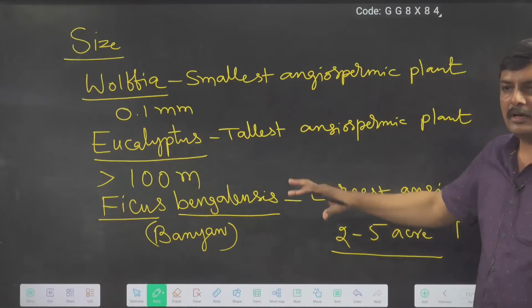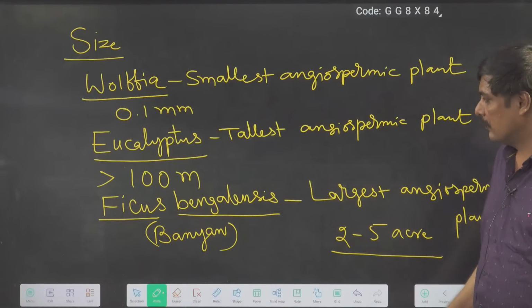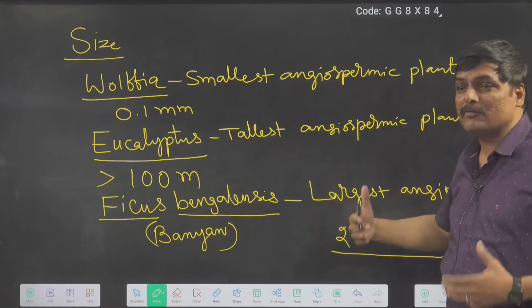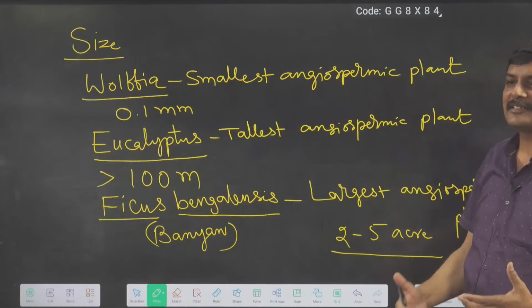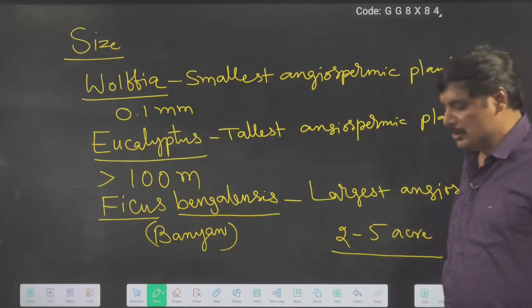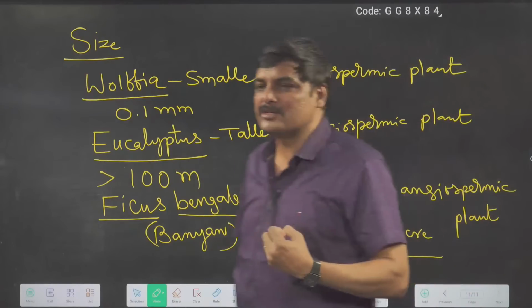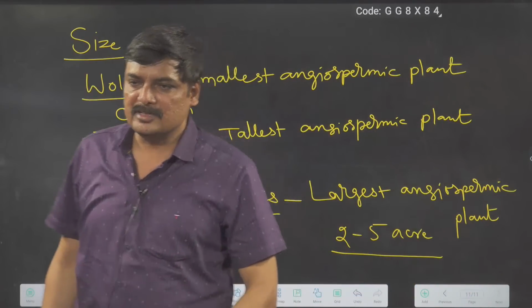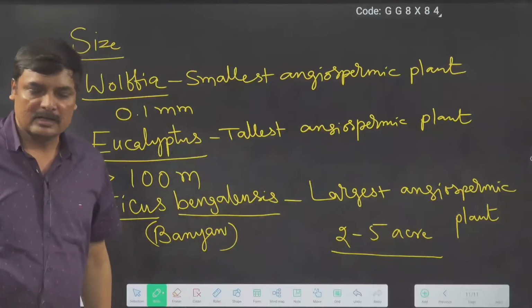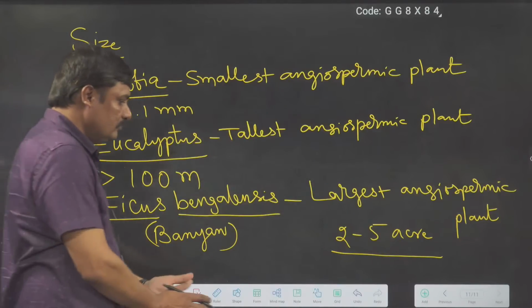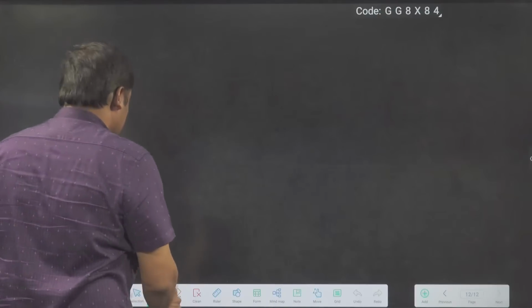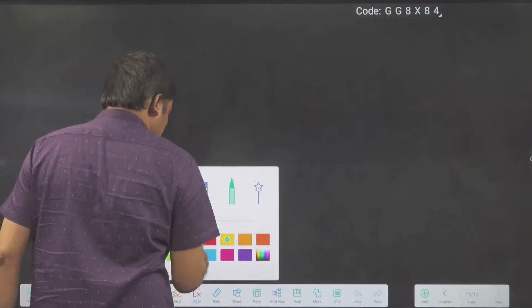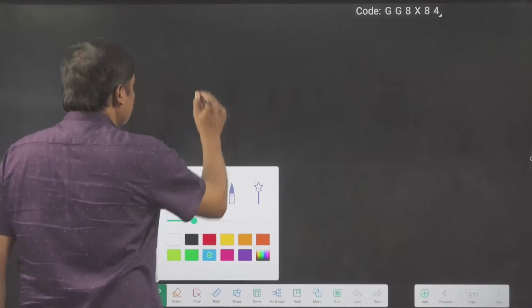They spread over the land. Angiosperms show a lot of diversity in size. Just I told you some examples. Similarly, angiosperms show diversity in the habit as well.